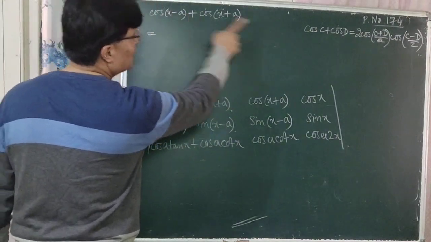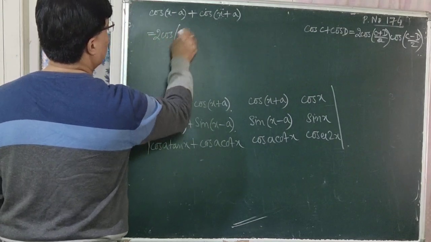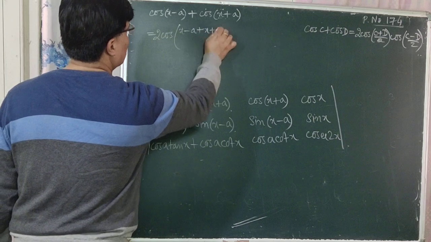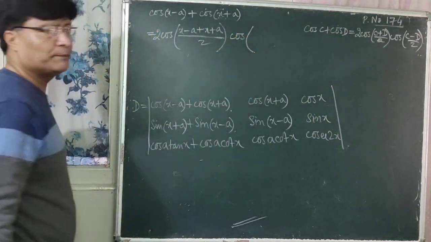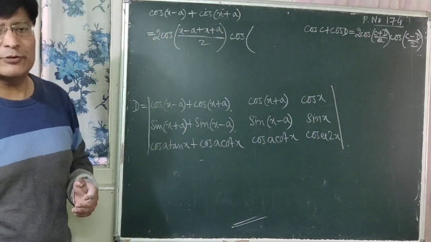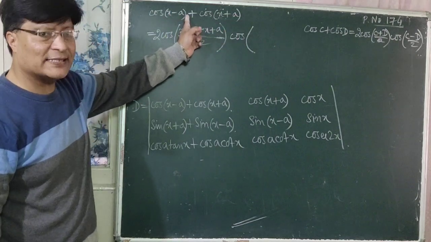C here is x minus a, d here is x plus a. 2 cos of, what is c plus d? X minus a plus x plus a divided by 2, cos of, okay, here for c you can take the greater angle, x plus a as c and x minus a as d.